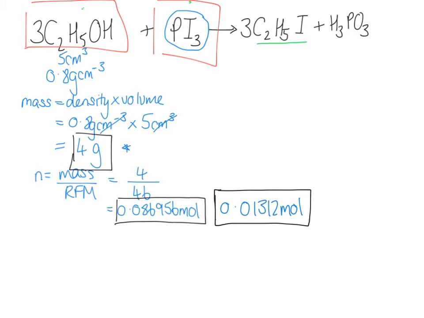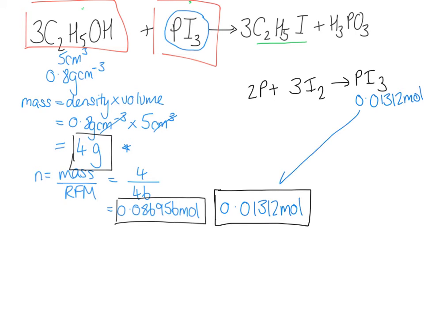So we can use this number of moles, and also if we think, I'll write it up here, our first equation was 2P plus 3I2 goes to 2PI3. Now we worked out that we have 0.01312 moles of this. Now the reason that I use exactly that number of moles here is because, oh sorry, I forgot my 2 here.